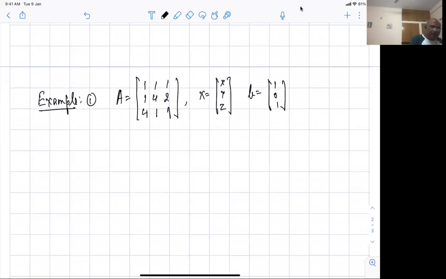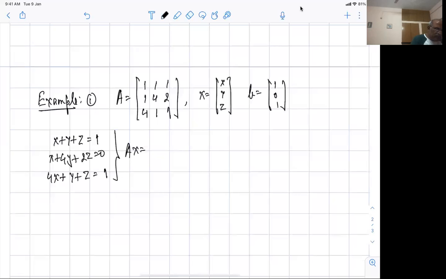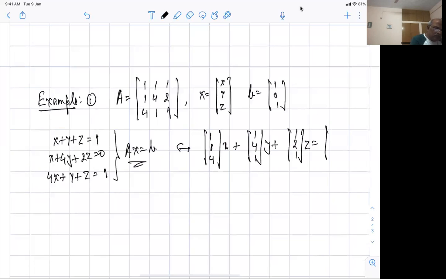Let's look at what this represents when A is this, X is this, B is this. There are two ways of understanding it. One is through equations: X + Y + Z = 1, X + 4Y + 2Z = 0, and 4X + Y + Z = 1. So this corresponds to the system Ax = B. The other way is to look at 114 times X plus 141 times Y plus 121 times Z equals 101.